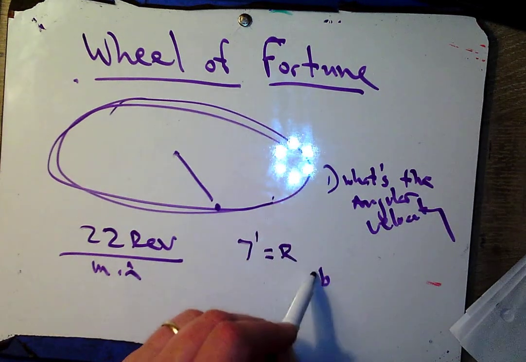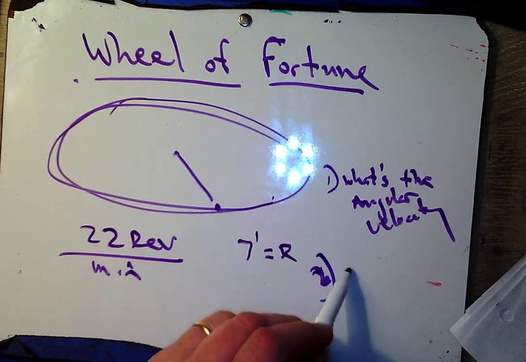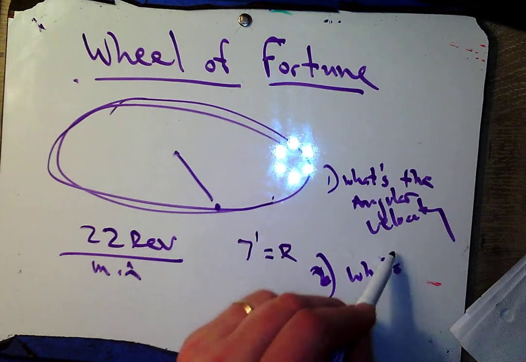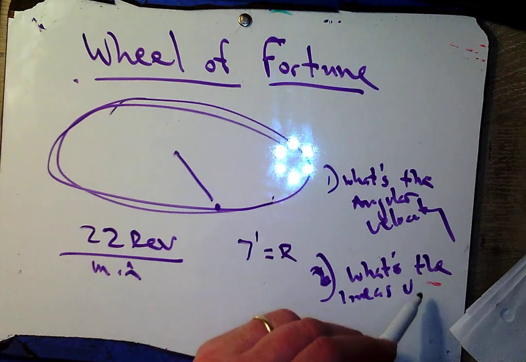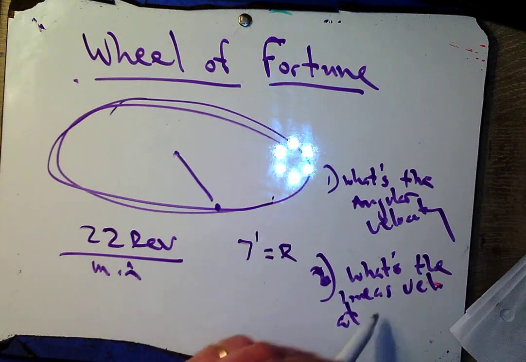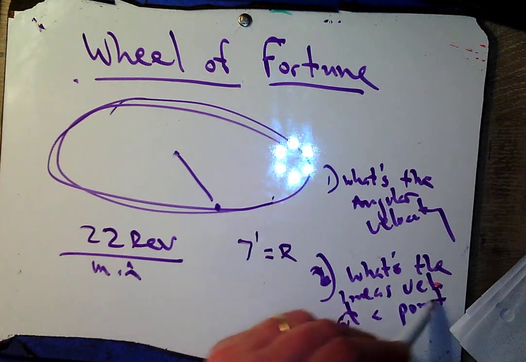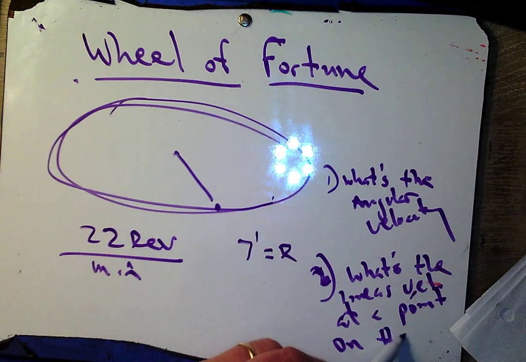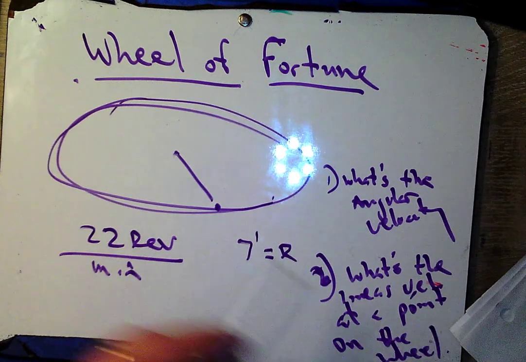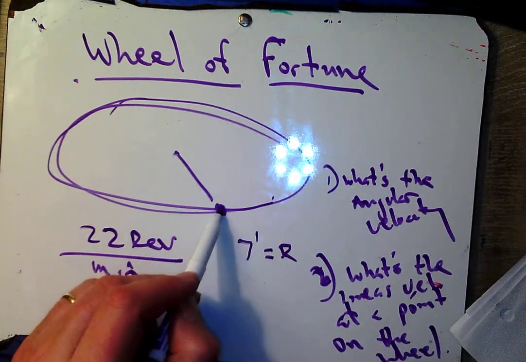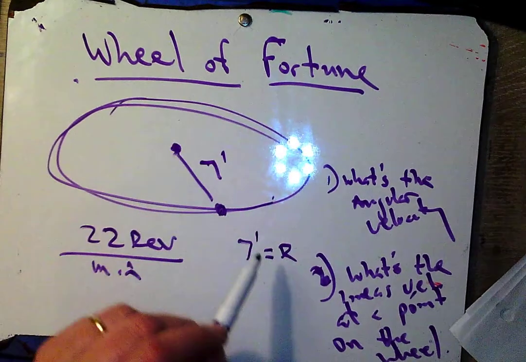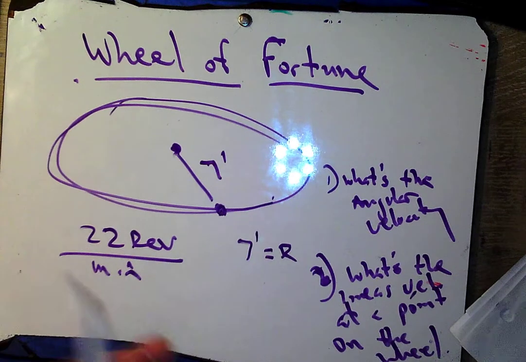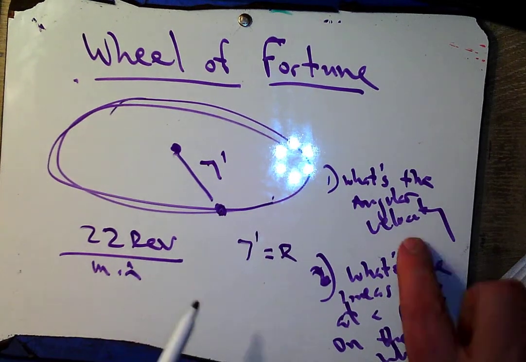And 2, what's the linear velocity at a point on the wheel? And what I mean by that is here, at some point on the wheel where the radius is 7 feet.